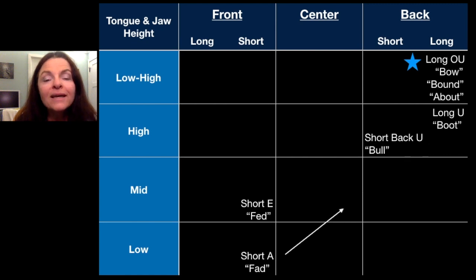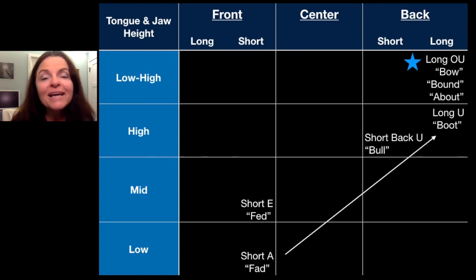Bow. If the word ends in a voiced consonant, such as bound, which ends in an ND, I will still start with the short A and end with the long U. Bound. It might not be as deep or as big as bow, however. And if the word ends in a voiceless consonant, such as T, like about, I'm not going to say about that way.